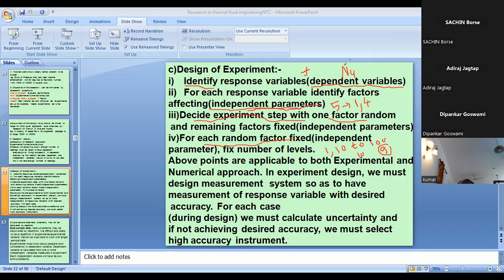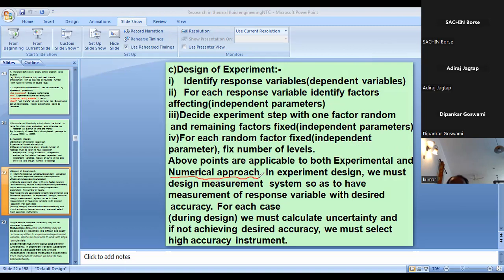So this approach is not only related to experiment, but this is also applicable to the numerical research. Please understand. This is not only related to the experiment, but also numerical approach. In the numerical approach also, we have to do the same way.